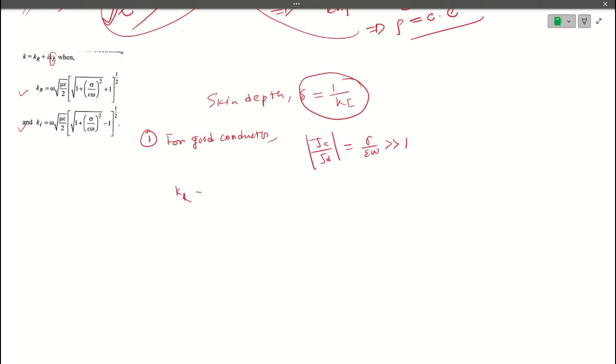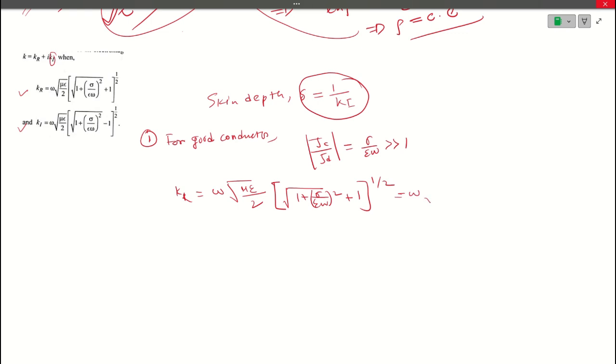So Kr is basically omega root over mu epsilon divided by 2, times root under 1 plus sigma by epsilon omega whole square, then plus 1, then to the power half.